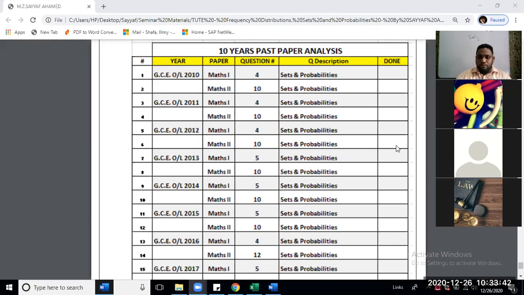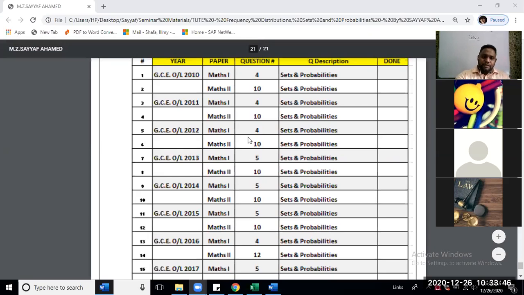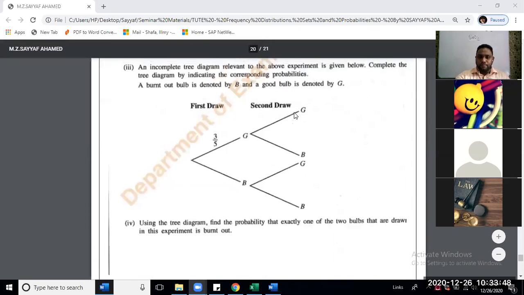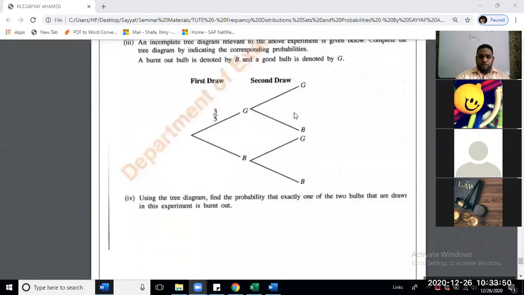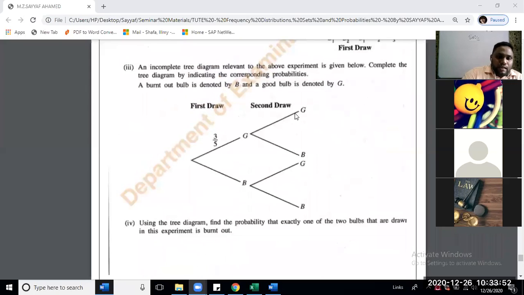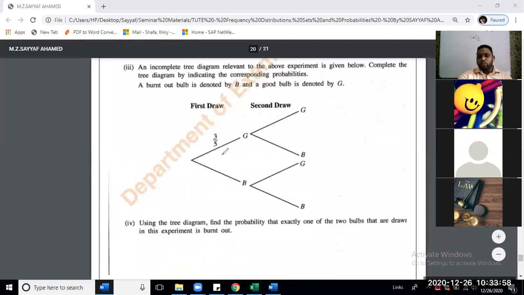how would the probabilities be if the event is independent, right? Now let's assume this particular tree diagram is when they replace one with another.